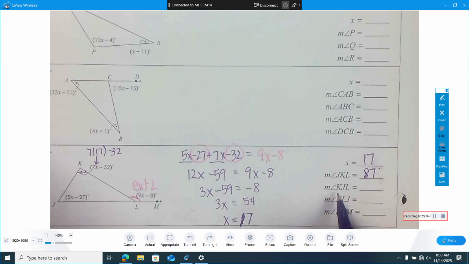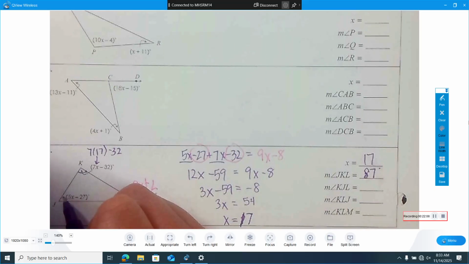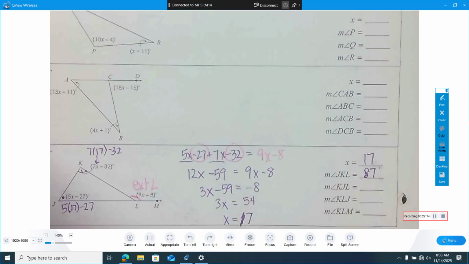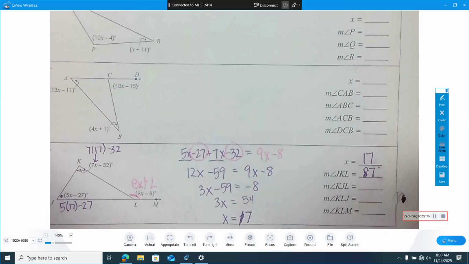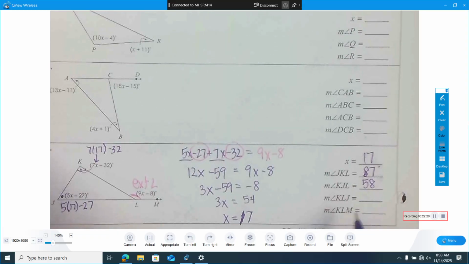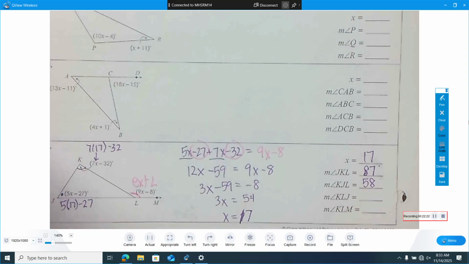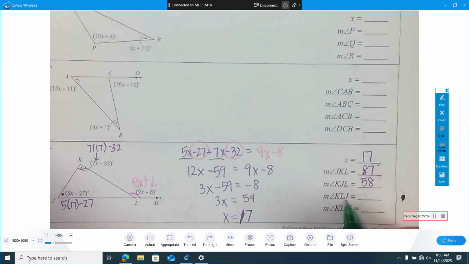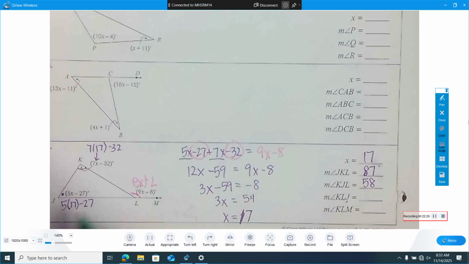All right, and then KJL, that's this angle here. So 5 times 17 minus the 27. 58. Okay, 58. Then it wants KLJ.